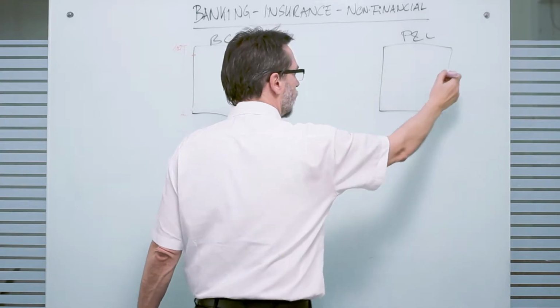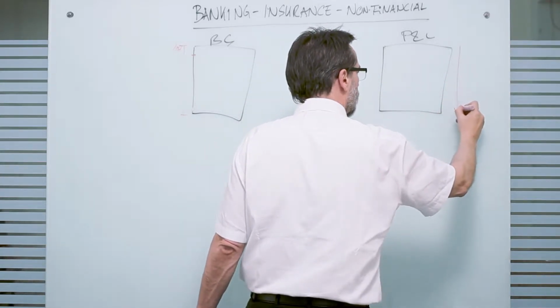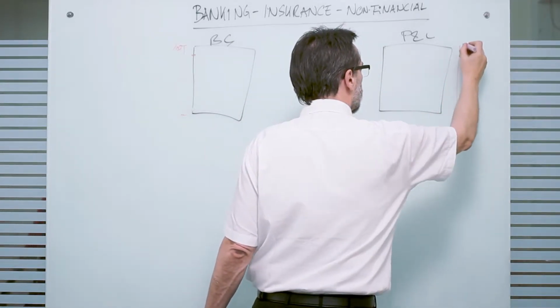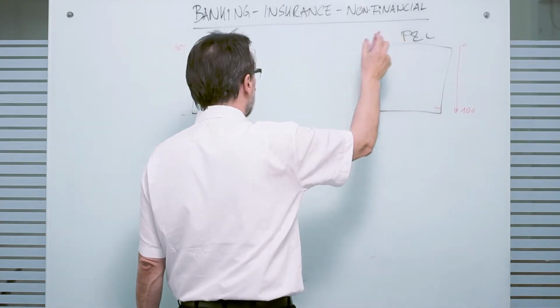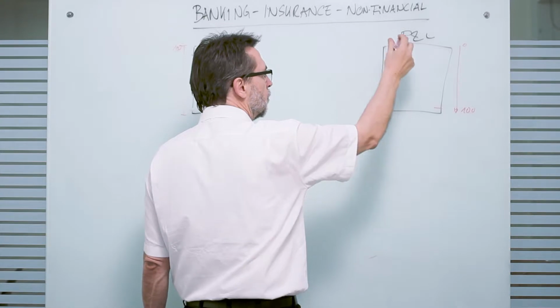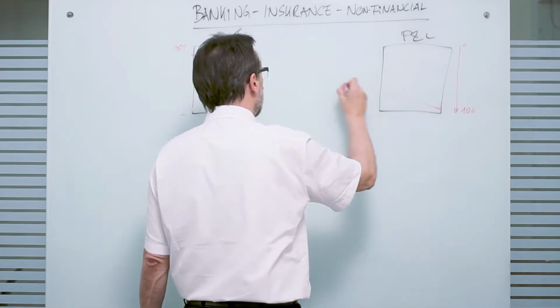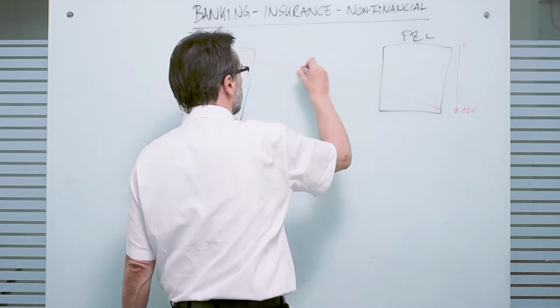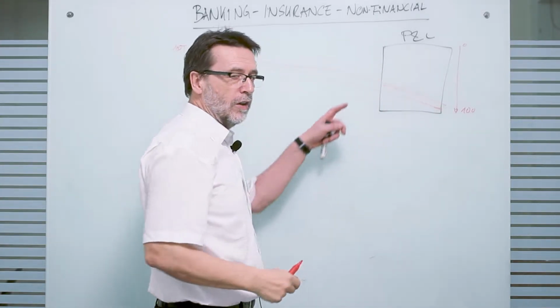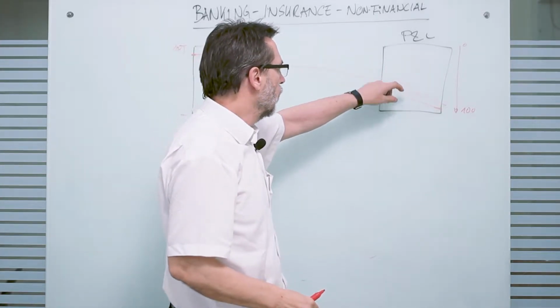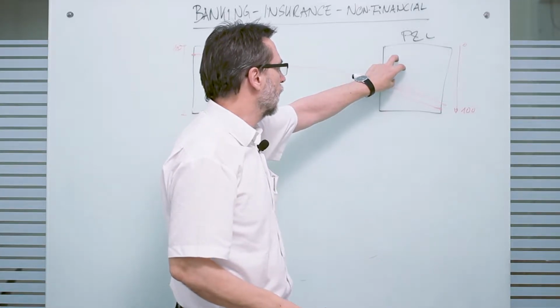Maybe I have to turn it around here now. Maybe we have 100% here. So in a non-financial sector, most is profit and loss. And we can draw a line like this. The more somebody is on the non-financial side, the more important is the profit and loss sections.